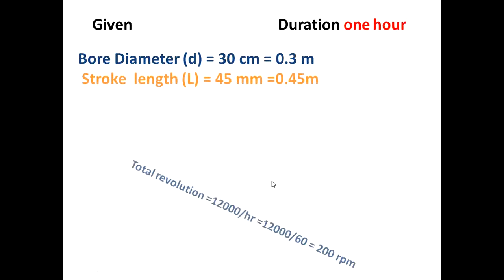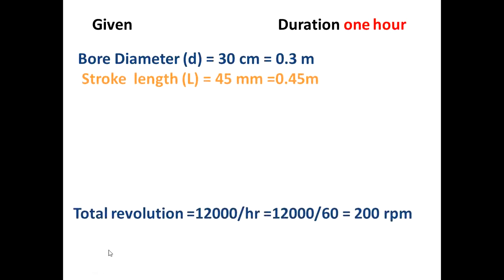Next, total revolution is 12,000 per hour. You want to convert this into RPM, not per second, so don't divide by 3600. Divide 12,000 by 60 only, because it turns out into RPM, not per second.